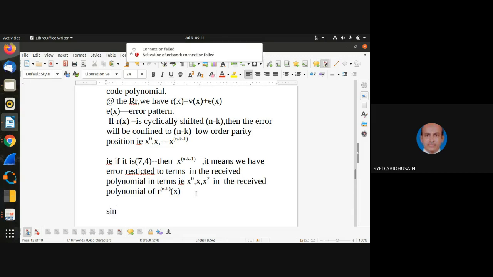So next, since syndrome, raised to n minus k of x, this term will come later on.